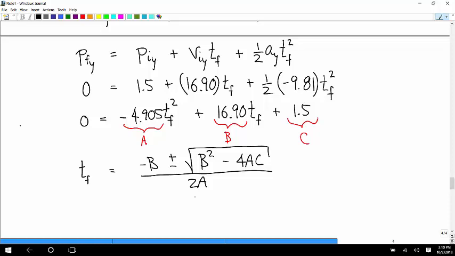Yes? Well, in this case, it's going to be easy. Sometimes it's a little more complicated than this, but in this case, we're going to have one answer that's positive and one that's negative, and we only deal with positive times, so that'll be easy.